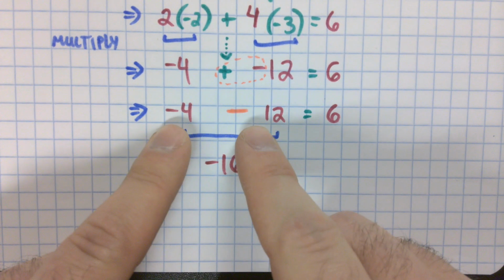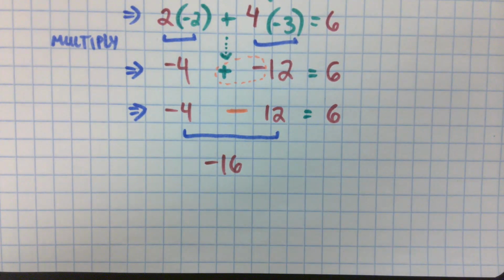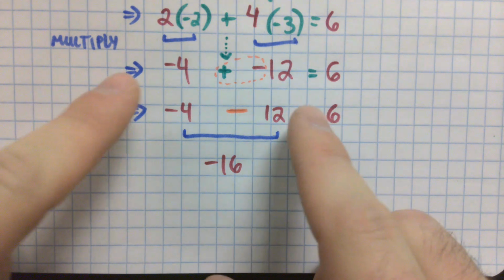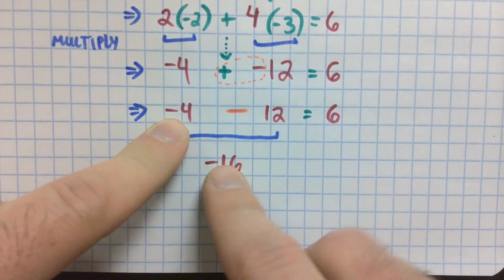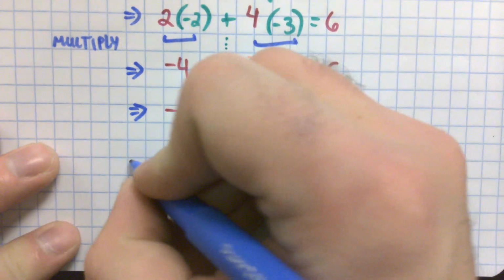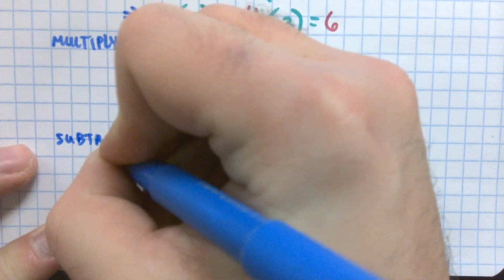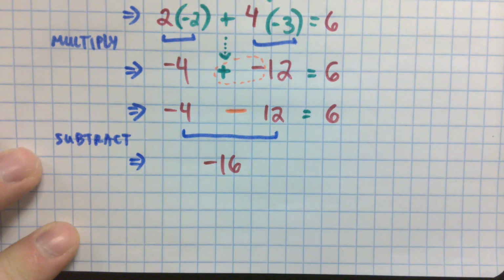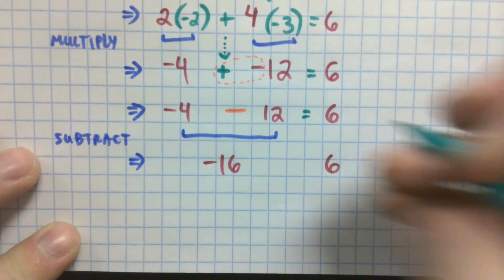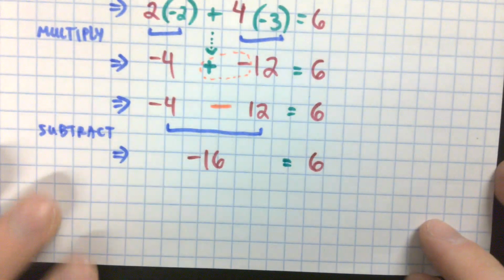Whenever you see 2 negative numbers, -4, -12, add them up as if they're positive. If I asked you what's 4 plus 12, what would your answer be? 16. So because they're both negative, we just have negative 16. That's all. And we get negative 16 equals 6.